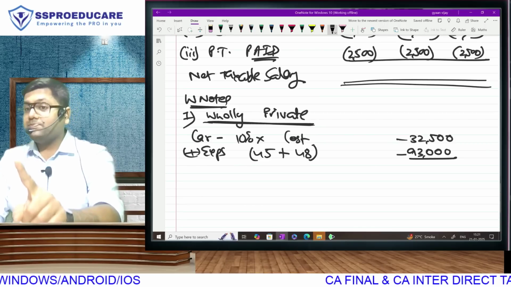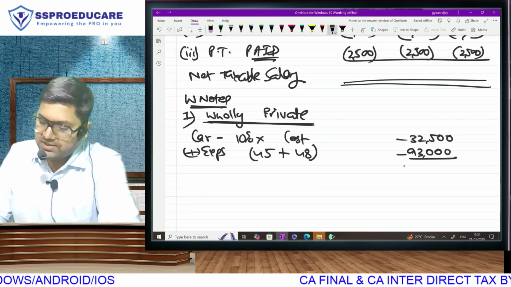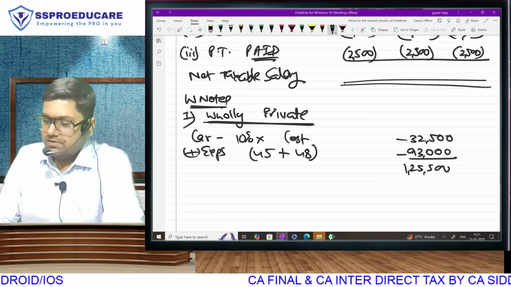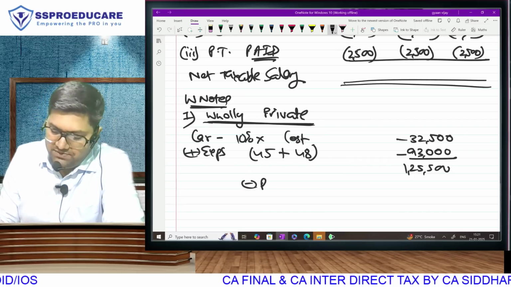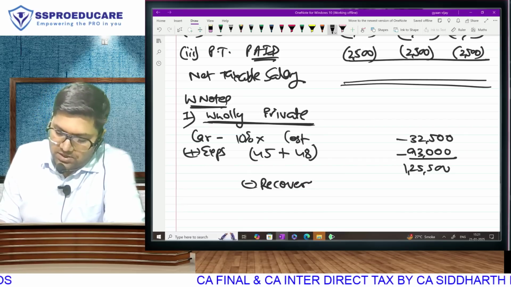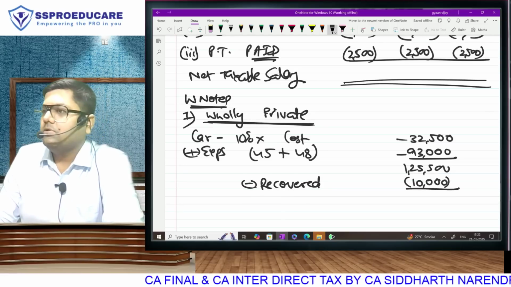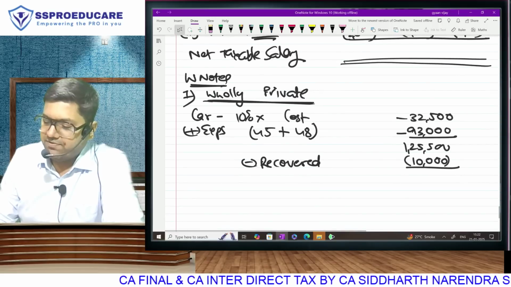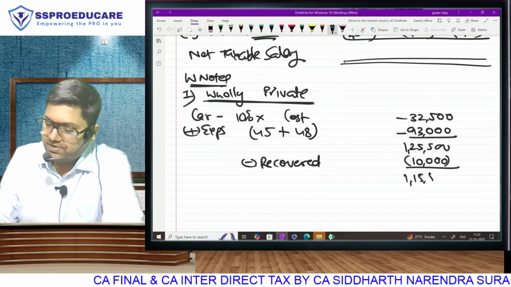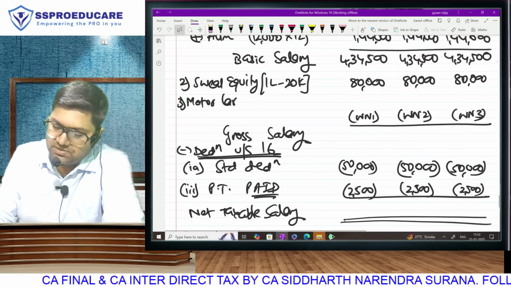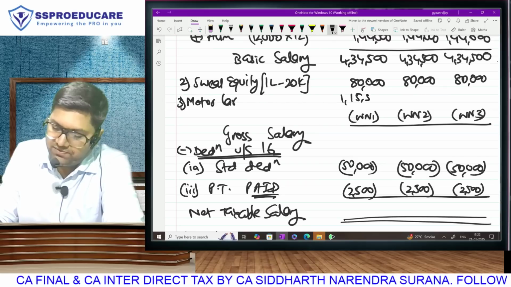Because it is private, everything is taxable, but of course not this total, because have they given recovery? Yes. Will we subtract the recovered amount? Yes, we will. So we will be left with 1,15,500, giving you the taxable perquisite value of 1,15,500.